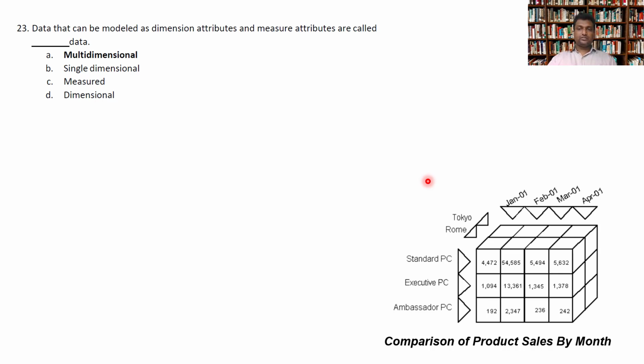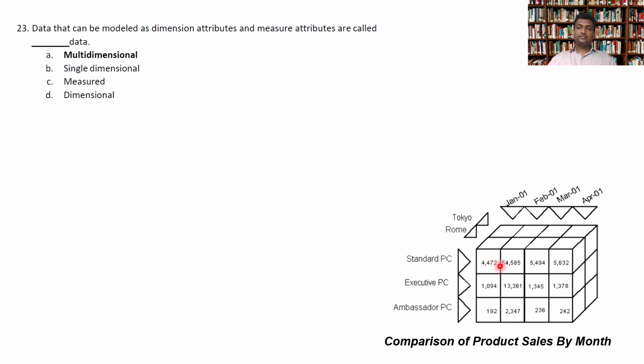So for example, take this as a data record from an organization that sells personal computers. So you can see they have 3 models to be sold, and they are currently selling in 2 cities, Tokyo and Rome, and these are the data for January, February, March and April, right?